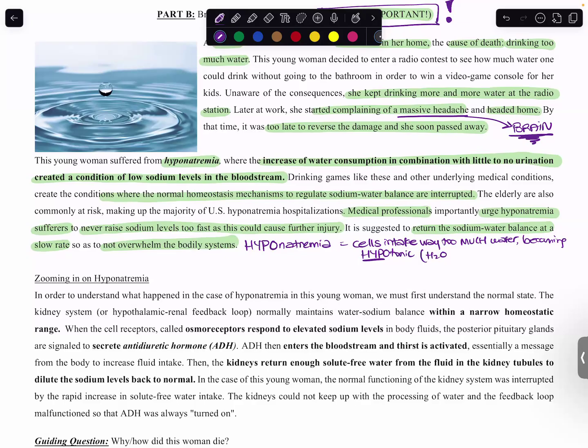So H2O concentration is high in the cell and salt is low in the cell. So you create a hypotonic environment for your cells during hyponatremia. There's way too much water and way too little salt, just like we saw with the osmosis in the onion cells. Hypotonic, a lot of that water rushed right into the cells and it expanded those onion cells.